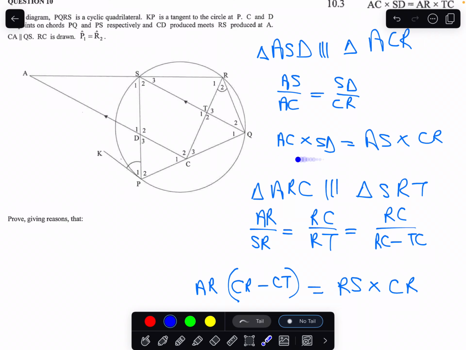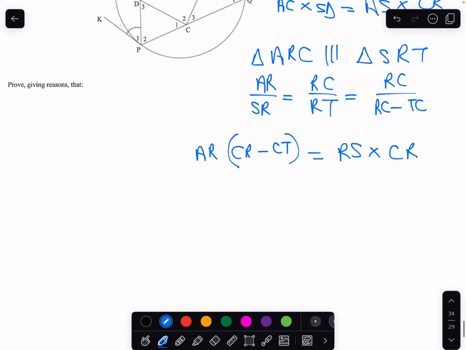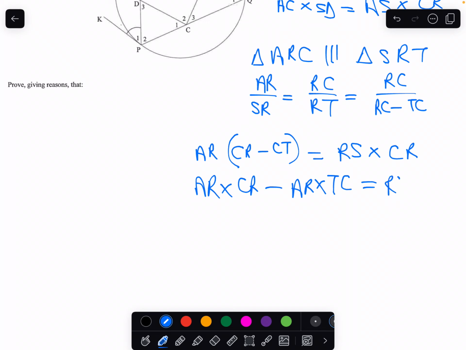So I've got AC times SD here, and then AR times TC. AR times TC is hidden somewhere in here. So let me just write this out. Okay, I'm going to keep with the order that they have in the question.